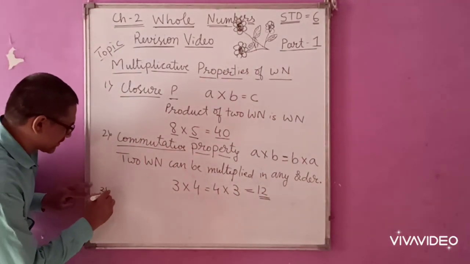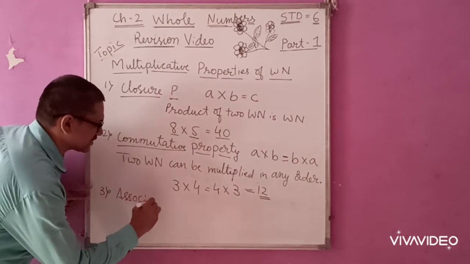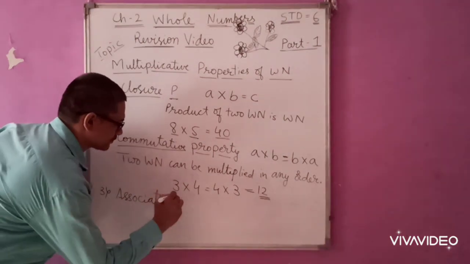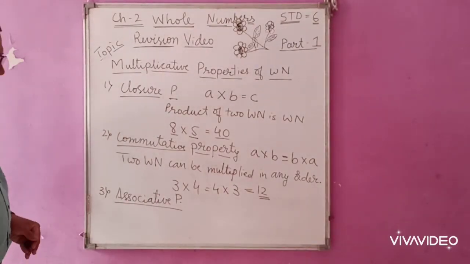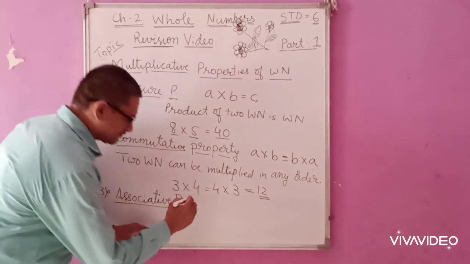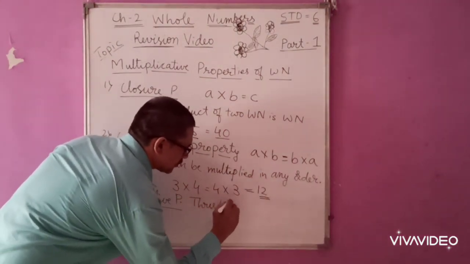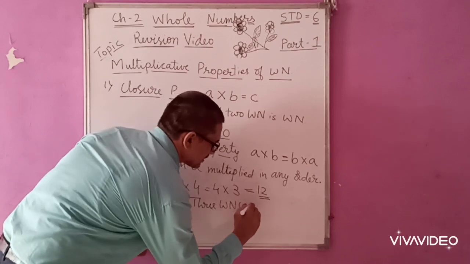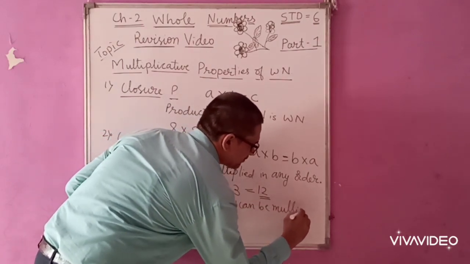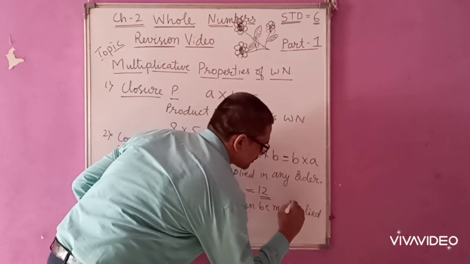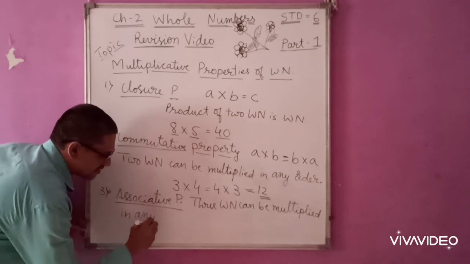Similarly, the third property, the associative property. Now what is meant by the associative property? Similarly, three whole numbers can be multiplied in any order.